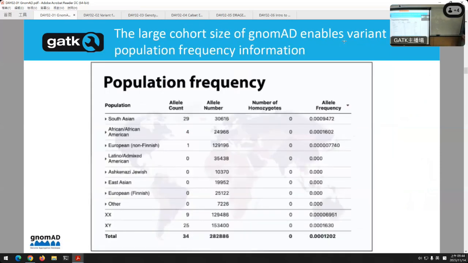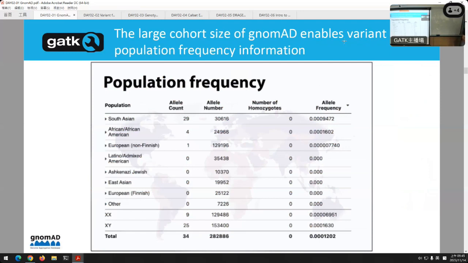Really the core functionality here is that with a large sample size, gnomAD enables us to estimate allele frequency pretty well. As we add more and more samples, we can get a more accurate estimate of how often this variation occurs in the population.